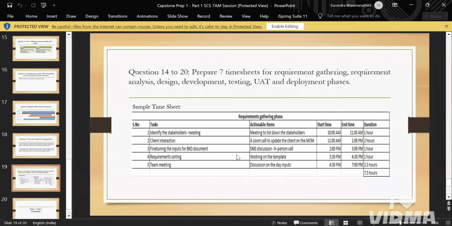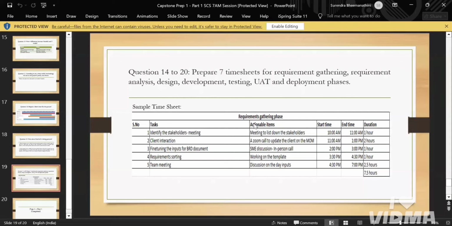You can prepare the timesheet based on the business analyst role. See here, you can see the timesheet, right? What are the tasks and actionable items, when it started and when it ended, and how many hours you have taken for the day.